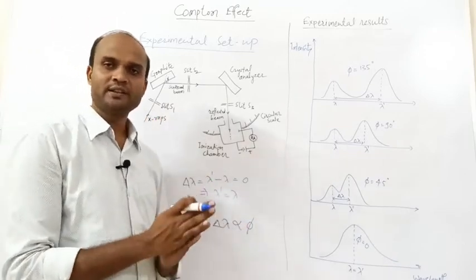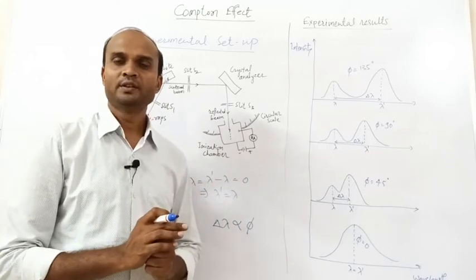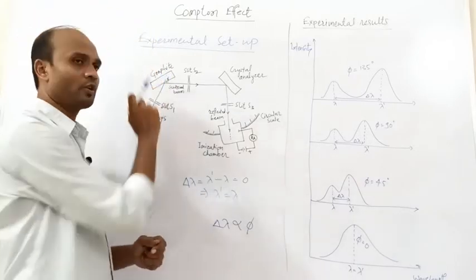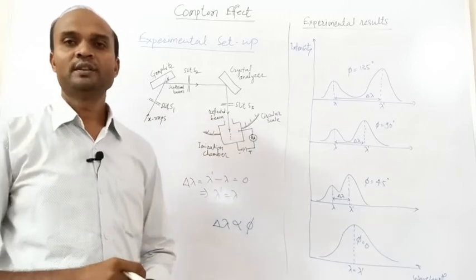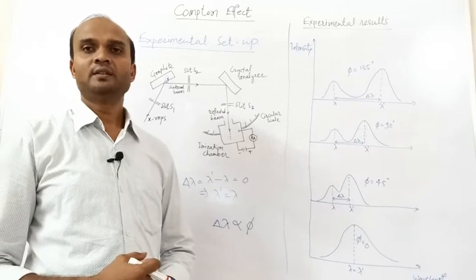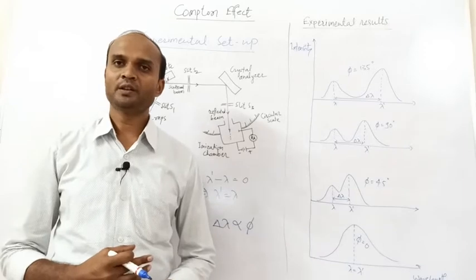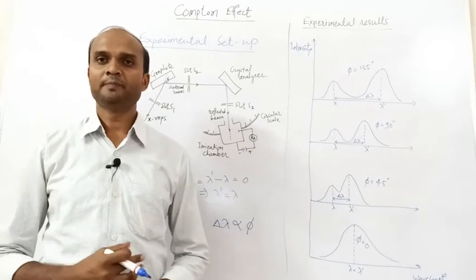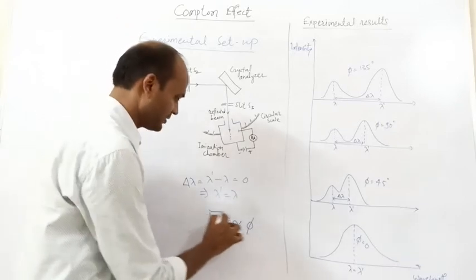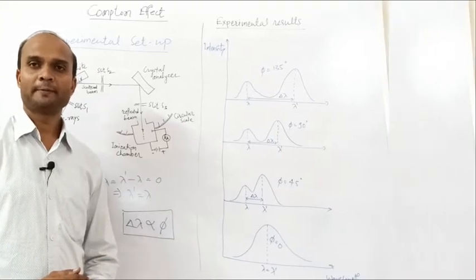If we change the wavelength, the Compton shift does not change. It is also independent of the nature of the scattering material. Even if the scattering material is changed, the Compton shift does not change. It depends only on the scattering angle phi. So Compton shift delta lambda is directly proportional to phi.